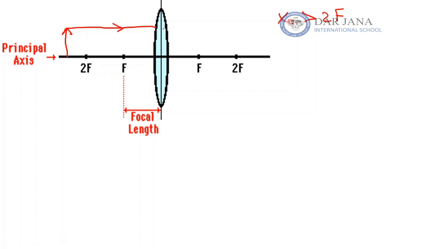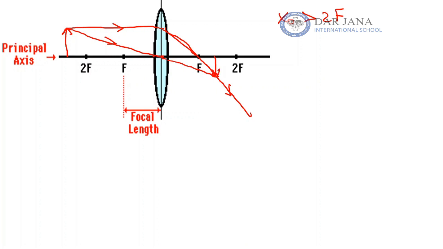This ray will go to F. So it should be straight, this one. And we draw another ray through the optical axis here, or through the optical center. It will continue without deviation. So this is case 1.